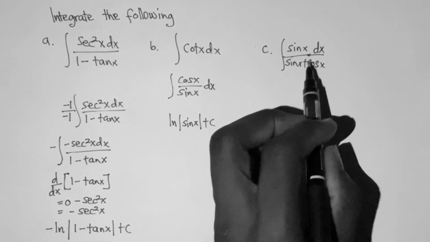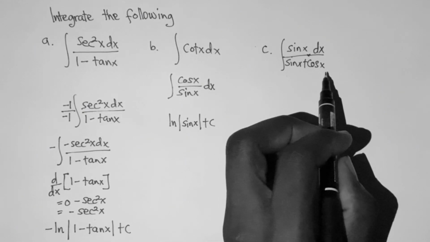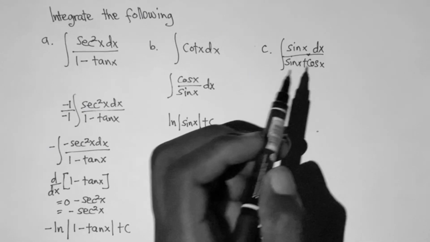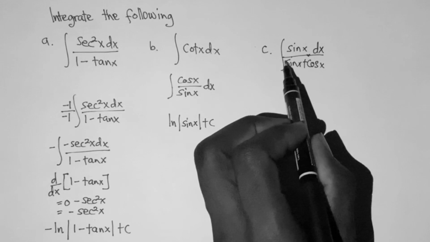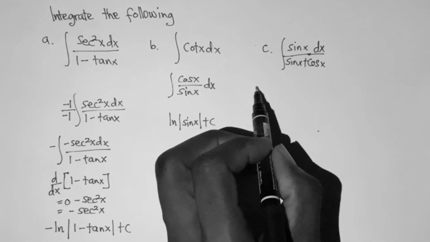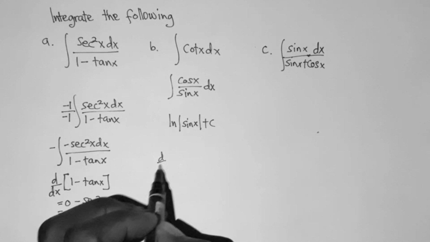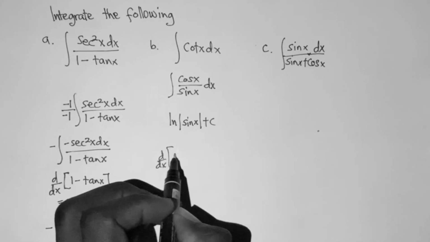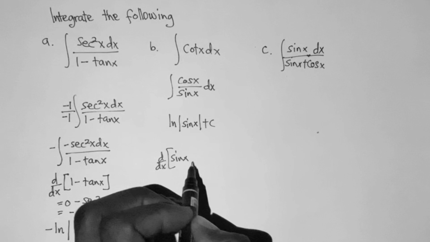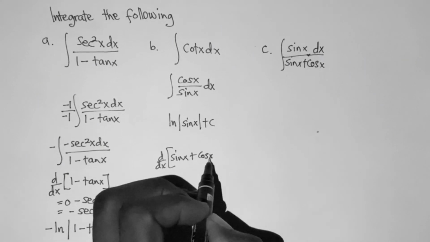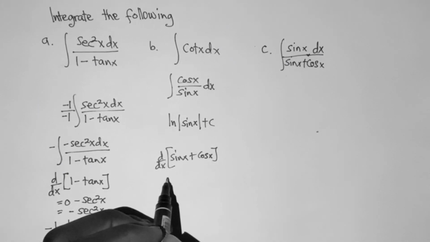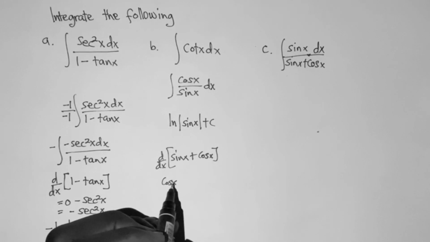Now let's come to this one. Integral of sine x divided by sine x plus cos x dx. Let's do the test here. Let's differentiate d dx of sine x plus cos x. If you differentiate sine x, you get cos x.